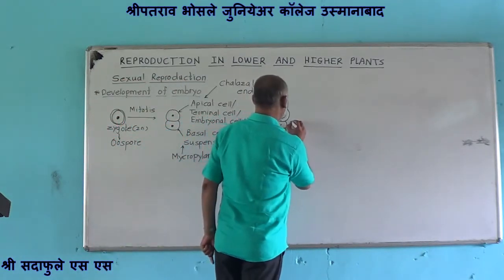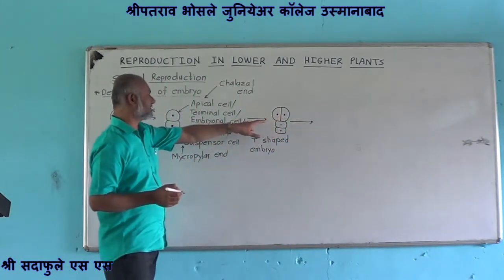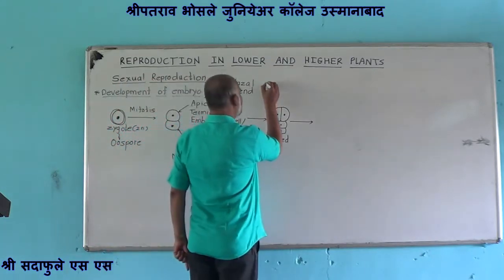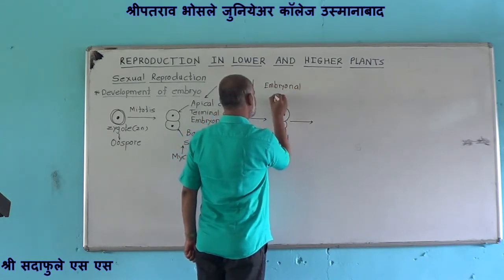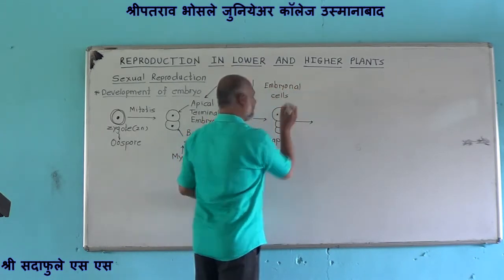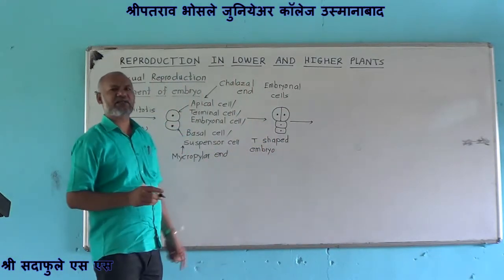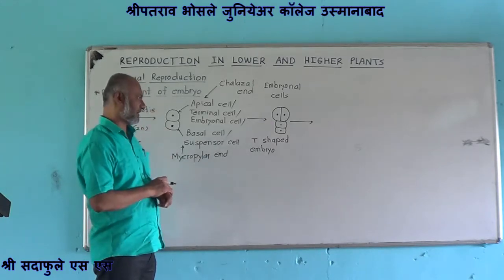Now what happens? Out of these cells, these two are the embryonal cells, which form the embryo, and these two cells are suspensor cells, which form the suspensor.